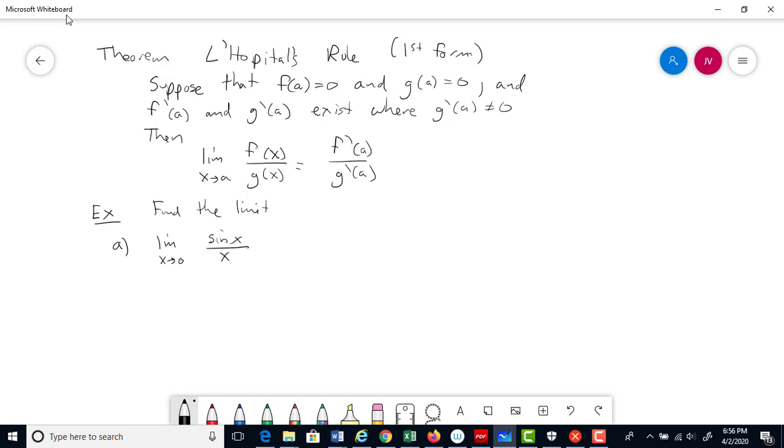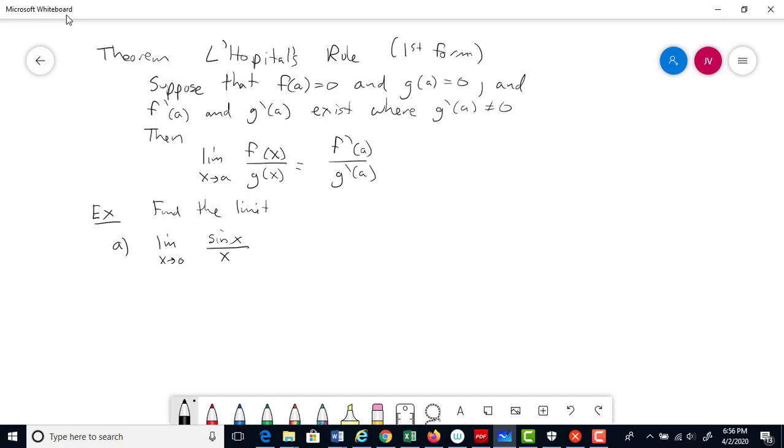In the first section on limits, we basically said this is equal to 1, and you just had to take my word for it. There was some graphical evidence to support this, but this is a real quick way of actually doing it.